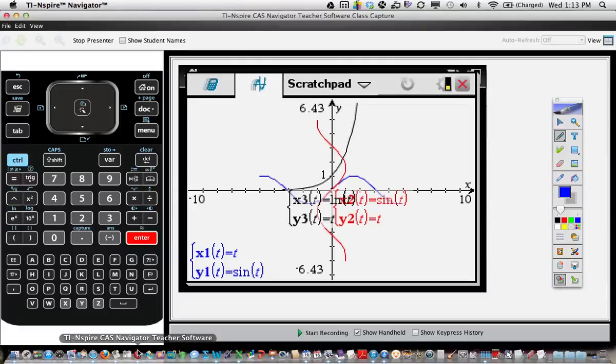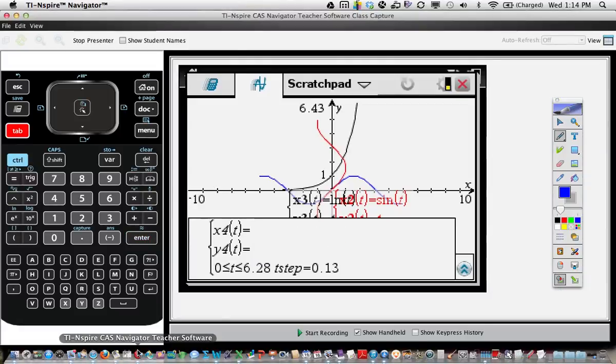That should be e to the t. Now, wait, what did he just grab? What's the black one? That's e to the x, because what did he do? He took the ln function and switched the x and the y here, right?